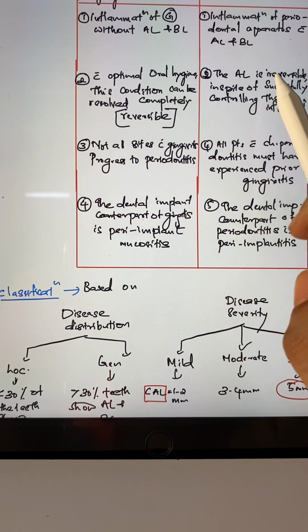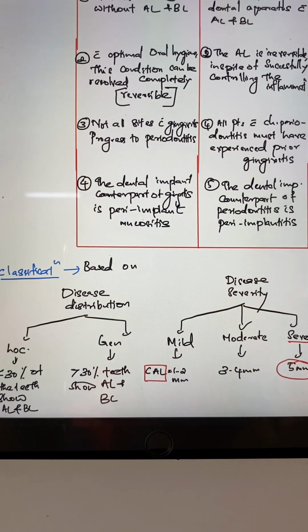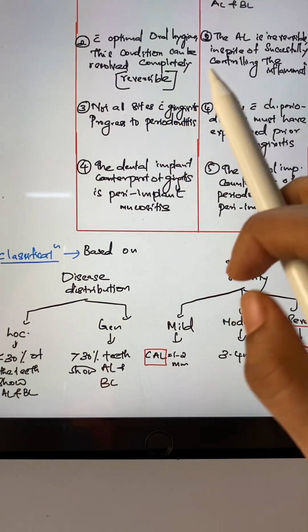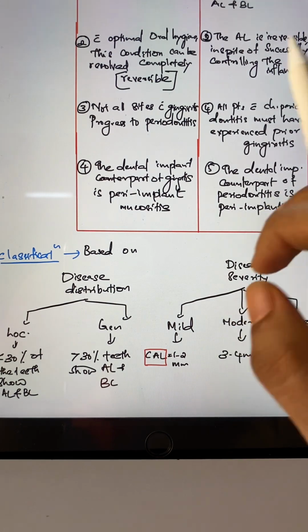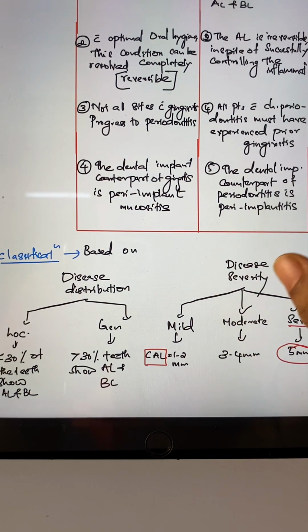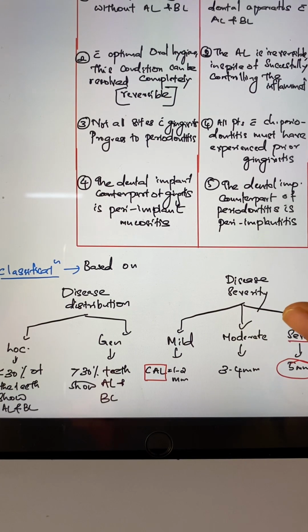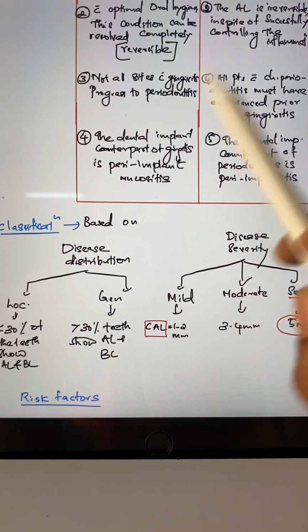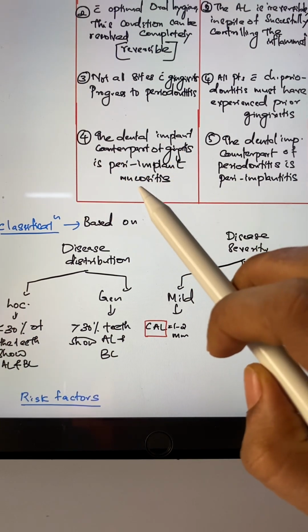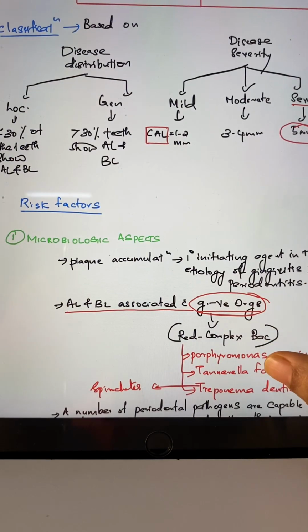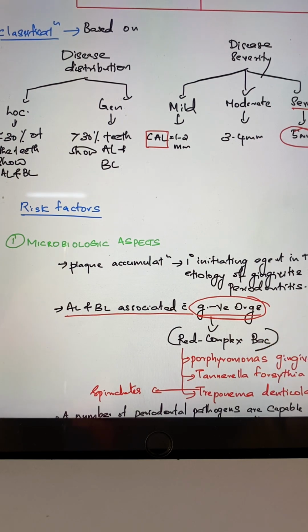But in chronic periodontitis, once the attachment loss has happened, it is irreversible, even if we give a successful treatment. And not all sites with gingivitis progress to periodontitis in plaque-induced gingivitis, whereas all patients with chronic periodontitis must have experienced some prior gingivitis. Then the dental implant counterpart of gingivitis is peri-implant mucositis. Here it is peri-implantitis.